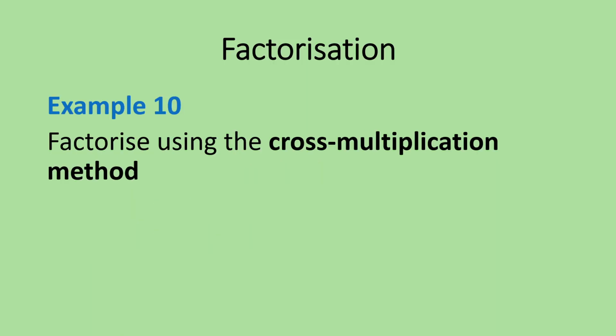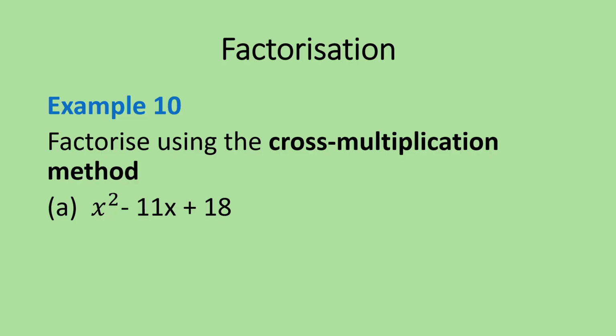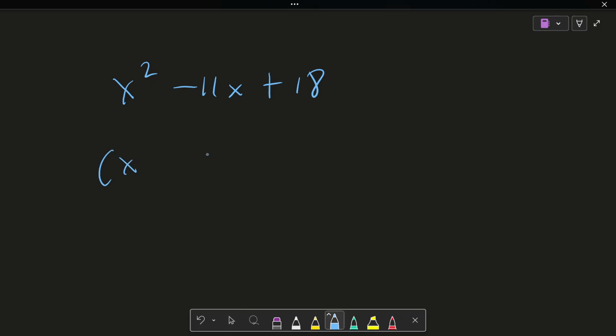Okay, another example, factorize using the cross multiplication method: x squared minus 11x plus 18. Okay, now how to solve this? First you do it this way, x and x.